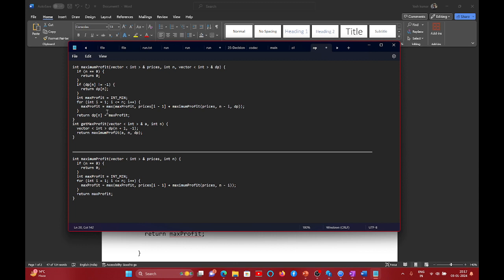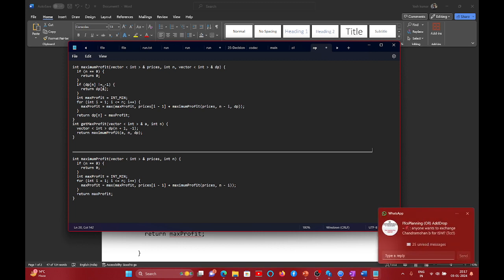So what we are doing is initializing a new array and setting all of its initial values to -1. Our technique works like this. Whenever we call our function, we will check if we have the solution stored in our array.